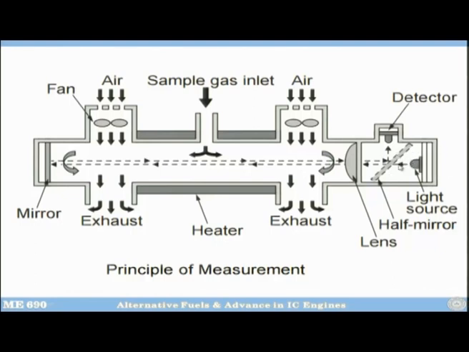The half mirror basically is such that it will allow the light to pass, and then there is a lens. The lens will make all the light parallel to this tube, and then there is a mirror. So, light will pass this side and get reflected, comes back, and then it falls on this half mirror. This half mirror then reflects all the light, and this is the detector where it is detected.